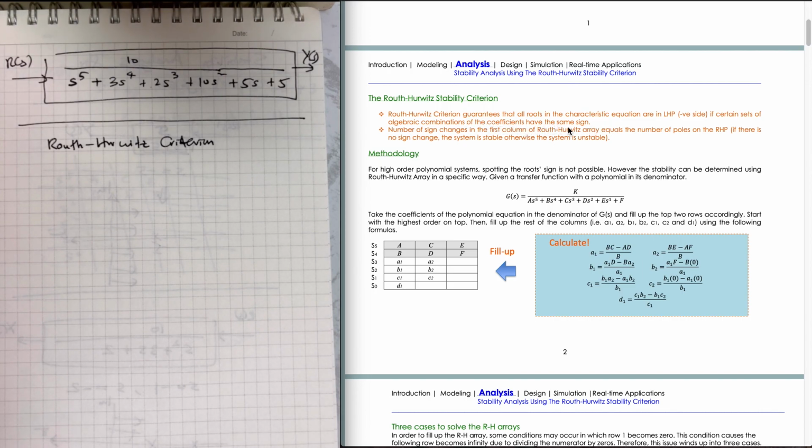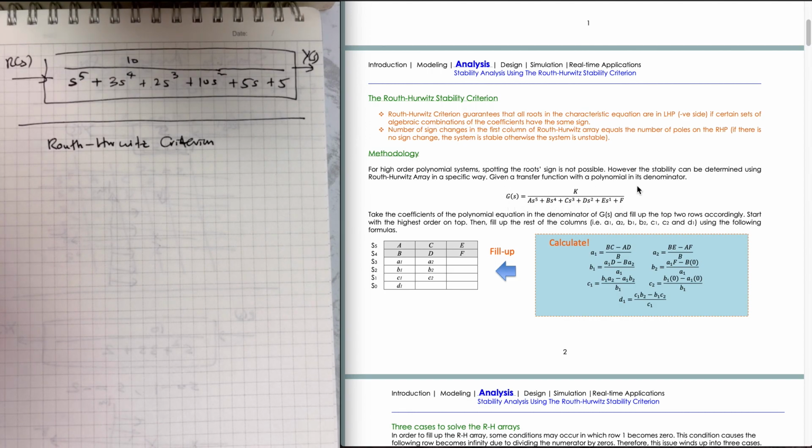If you don't understand, never mind, we'll go through an example. Second, the number of sign changes in the first column of the RH array equals the number of poles in the RHP. If there is no sign change, the system is stable, otherwise it's unstable.